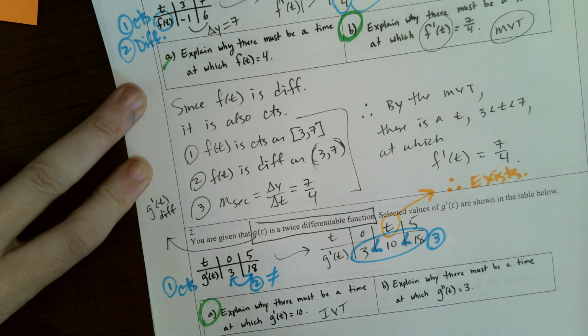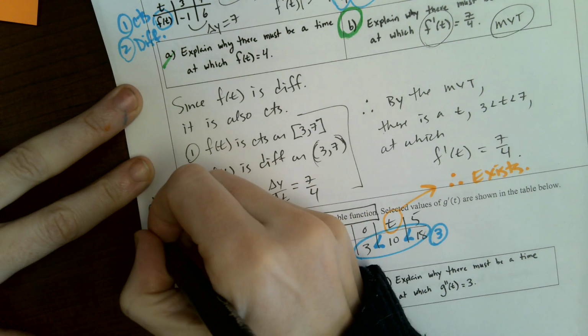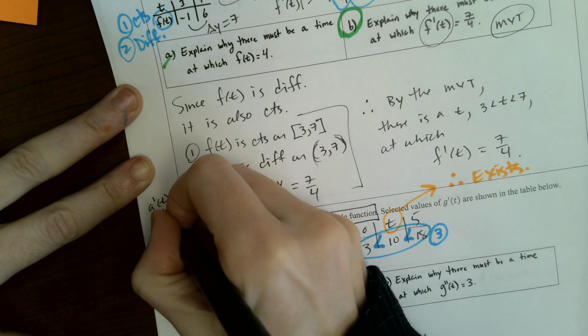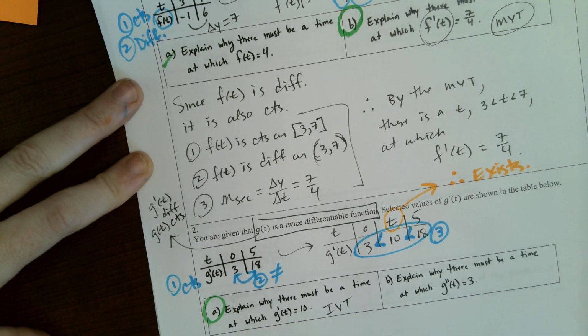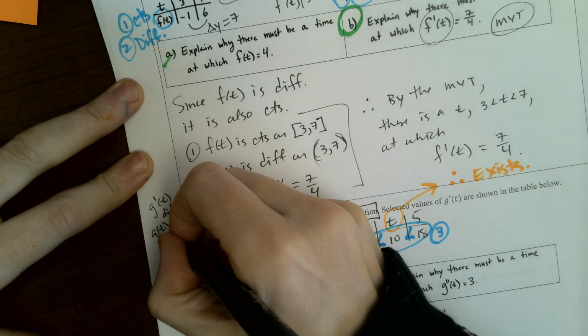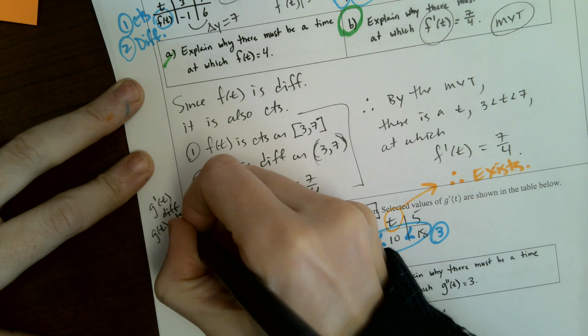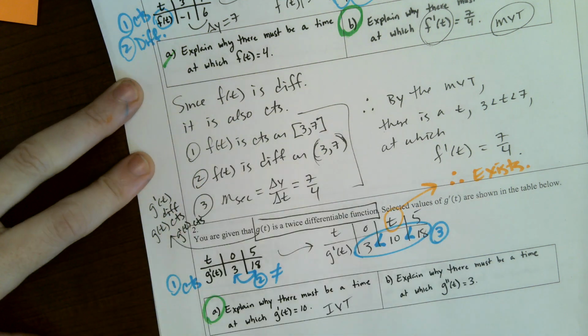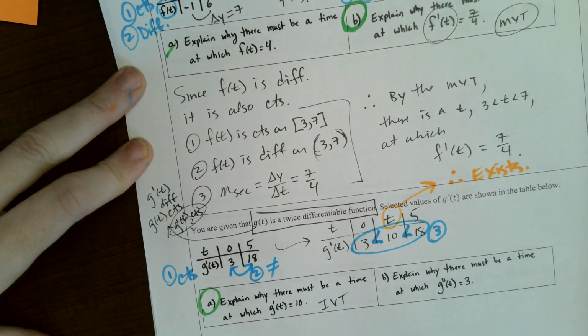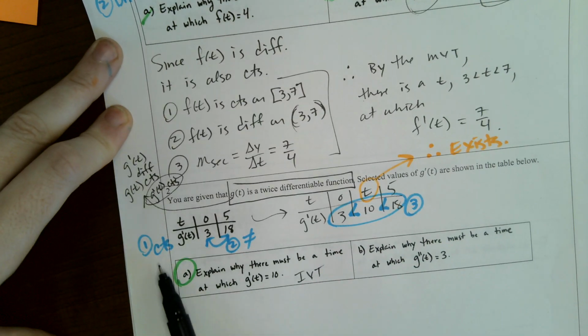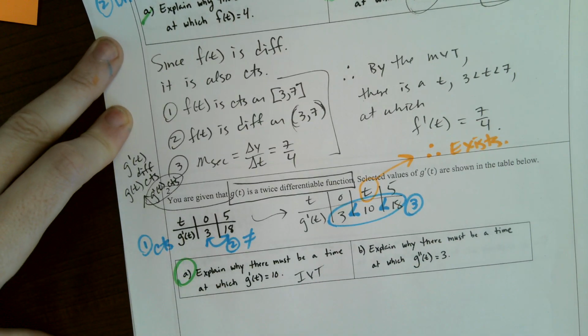But what else can you say? You could say g of t is continuous. And is there anything else you could say? Yes, g prime of t is continuous. And guys, it's actually that result that is going to be our first condition there.